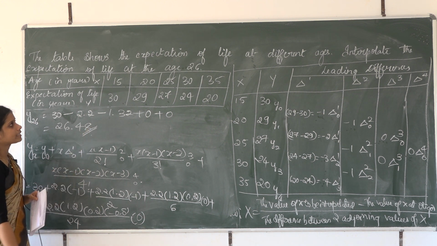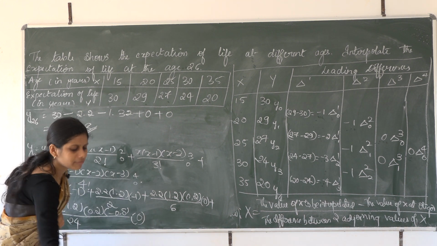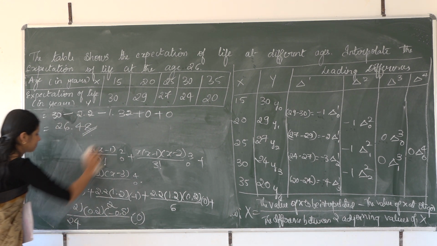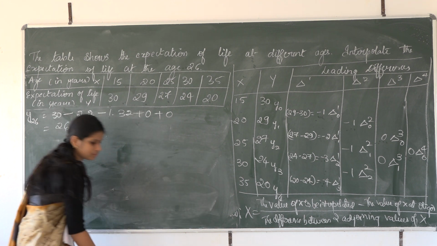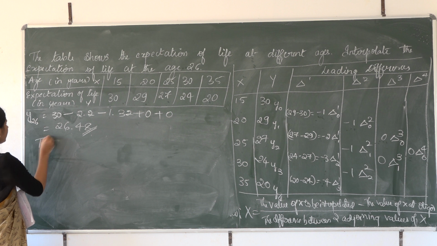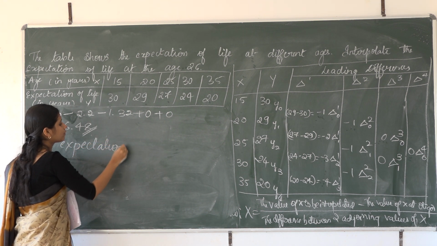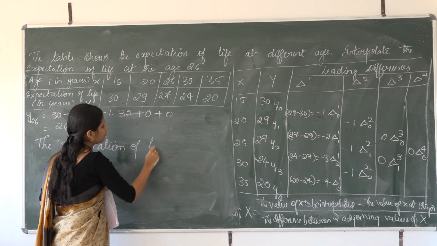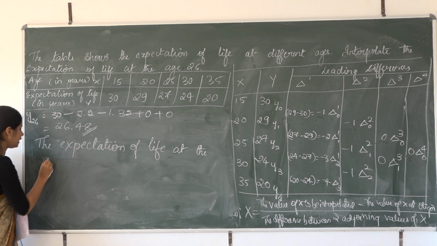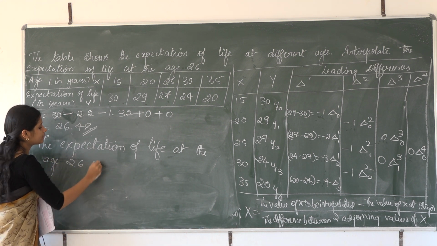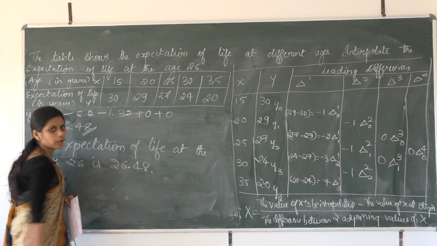Therefore, the expectation of life at the age 26 is 26.48.